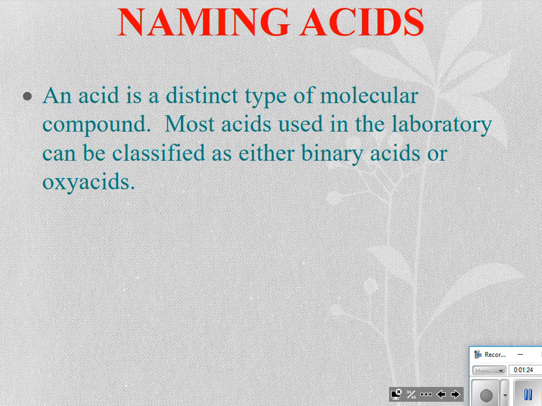Most acids that are used can be either classified as binary acids or oxyacids. You're going to see coming up that an oxyacid is an acid that has oxygen as well as usually something like nitrogen, phosphorus, sulfur. Most of them, not all, can be classified as binary or an oxyacid.